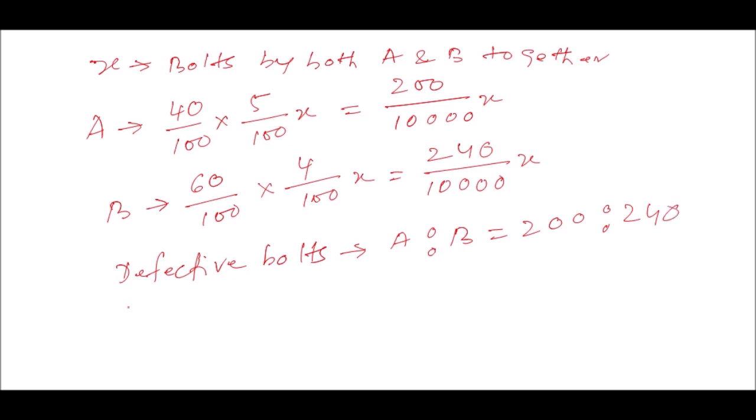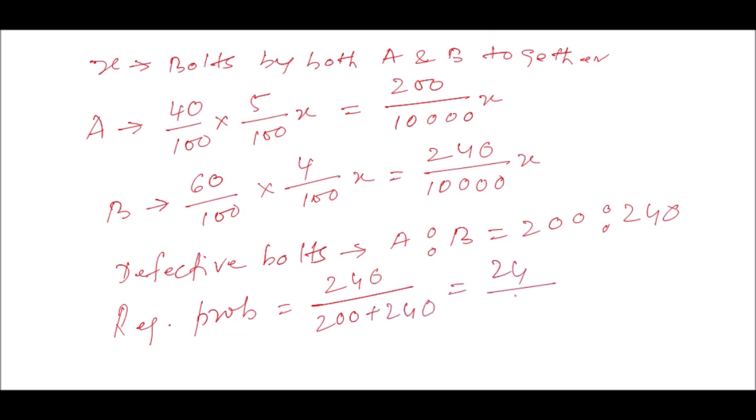Therefore, if a bolt is drawn at random and found to be defective, what is the probability that it was manufactured by B? That is 240 divided by 200 plus 240. This will give you 24 divided by 44, which is 6 by 11. And I think this is one of the easiest ways to do the problem.